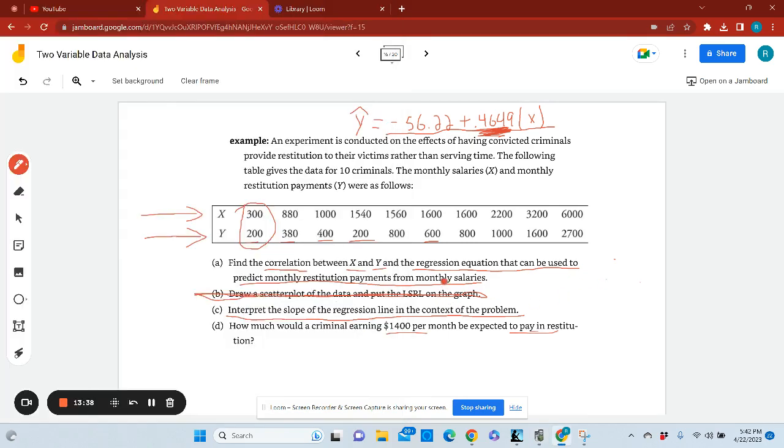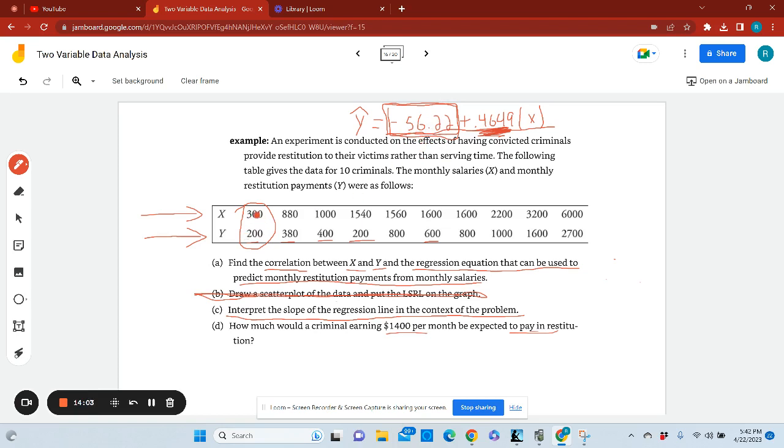Okay, so that's just creating a regression line, interpreting the slope. If they ask you to interpret the y-intercept, this actually doesn't make sense in the context of the problem, and that's okay. That happens with regression lines. If somebody made $0 a month, they would be expected to pay negative $56.22 in restitution, right?